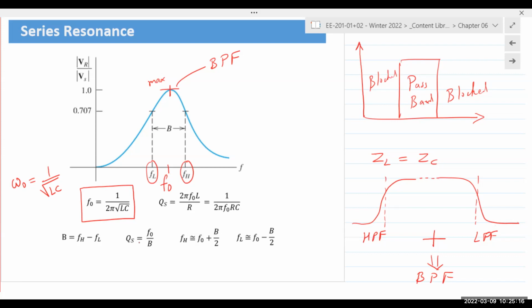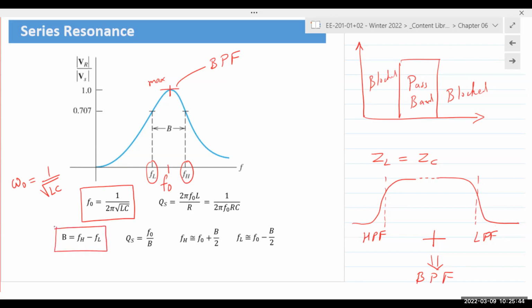There'll always be a band around that frequency. So the 99.7 filter is still going to allow certain other frequencies right next to it to go into the device. Depending on how wide or narrow the band is, we define the quality. And that is defined by this equation. QS is F0 over B, where B is the width of the band of frequencies.